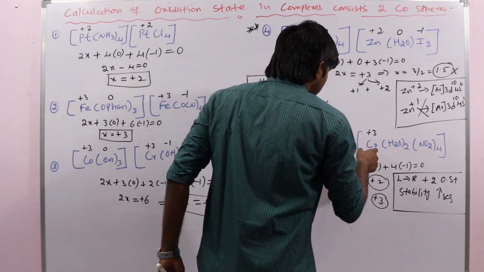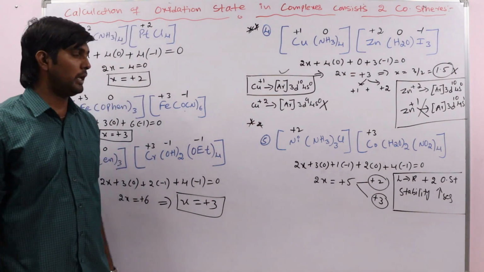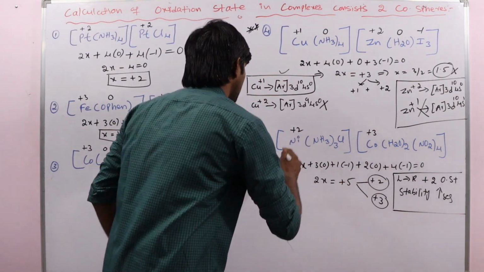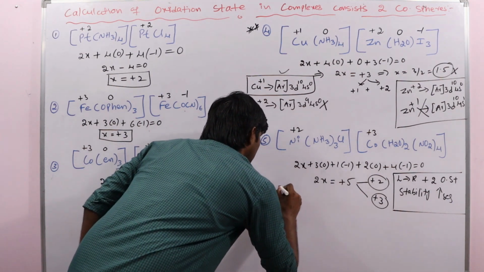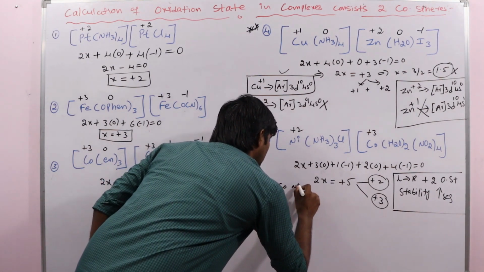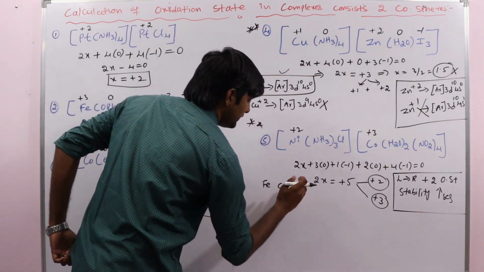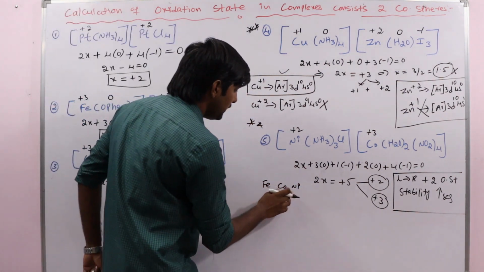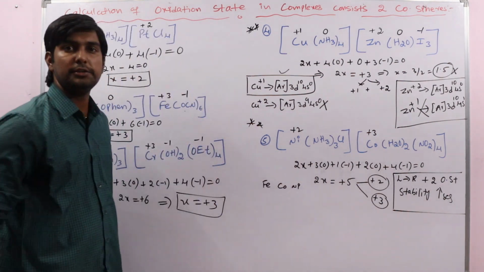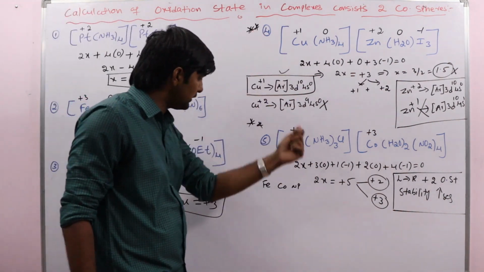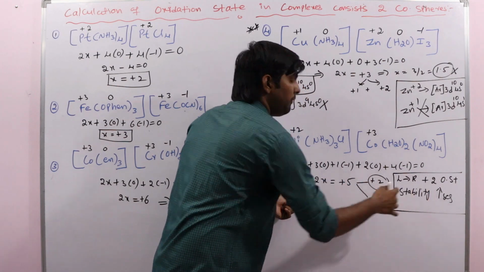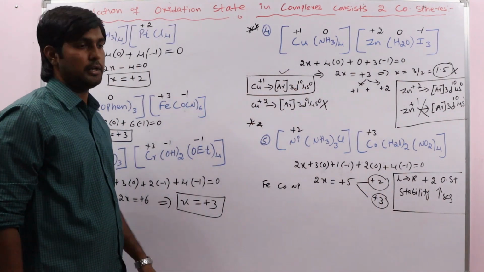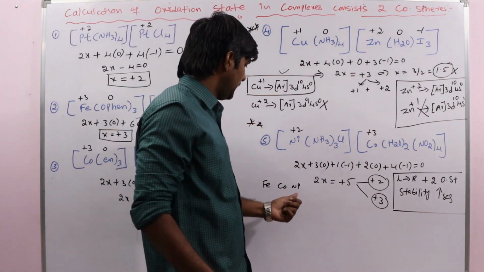Now if you write them in the 3d series: iron, cobalt, nickel. After cobalt we get nickel, yes or no? This is the order: iron, cobalt, nickel. Relatively this is the right side, relatively this is the left side. So in these two, which metal is more stable in the +2 oxidation state? This one, because left to right, +2 oxidation state stability increases.